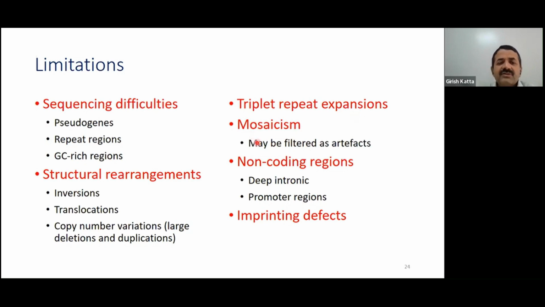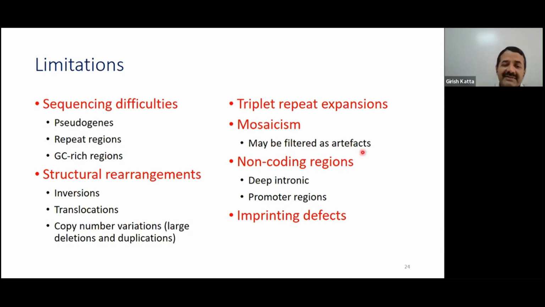So triplet repeat disorders like Huntington's disease, Fragile X syndrome, these are not detected by exome sequencing or next generation sequencing. Mosaicisms can be ignored or filtered out as artifacts, but if you are looking for mosaic conditions like megalencephaly capillary malformation syndrome, then you can request the lab that we are specifically looking for mosaicism. Please sequence at a higher depth, and we want you to look at even mosaic variation, then they might be able to help you.